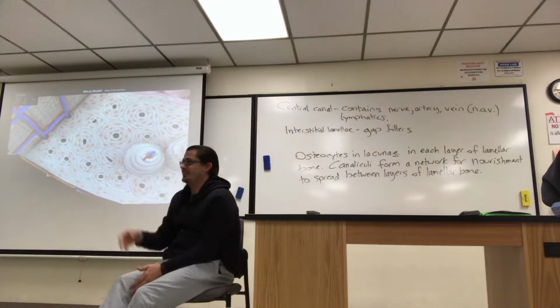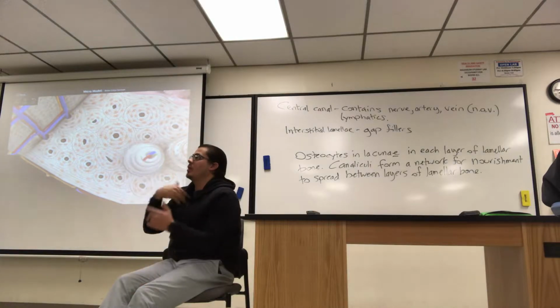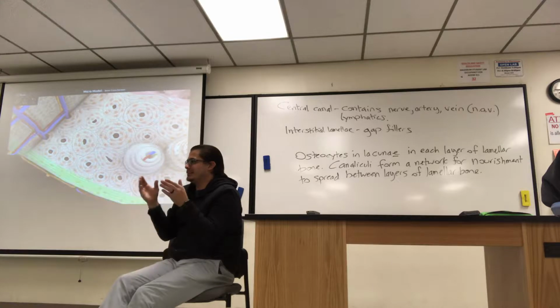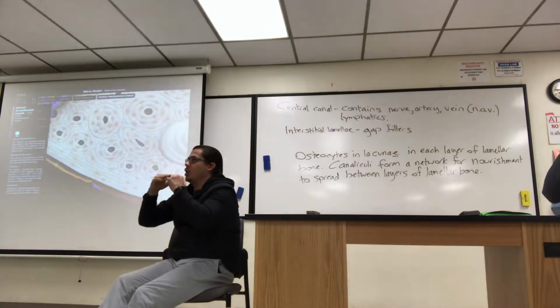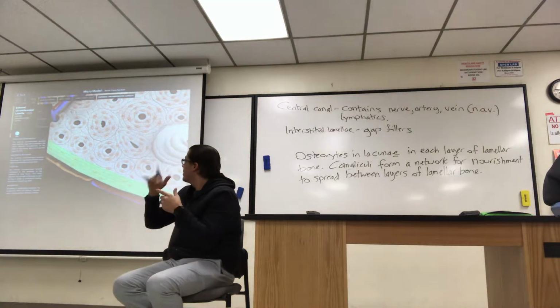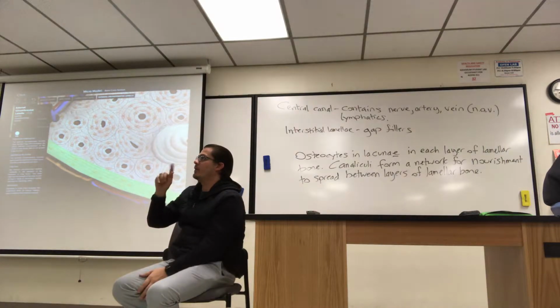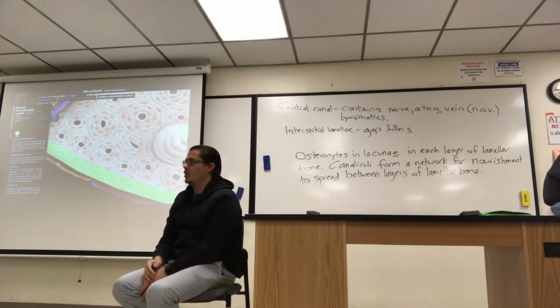Then you have lamellar bone, kind of sandwiching all these osteons and interstitial lamella, like right there. So you have layers of bone on the outer part there, and it's called circumferential lamella, but because it's on the outside, it's external circumferential lamella, highlighted in green.